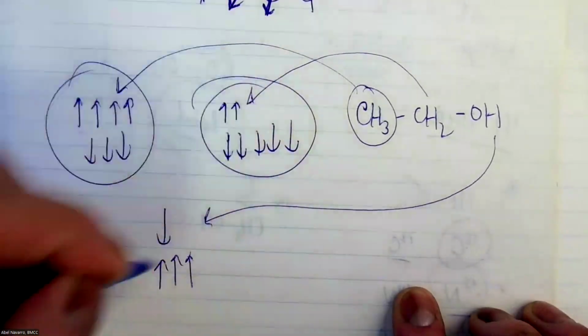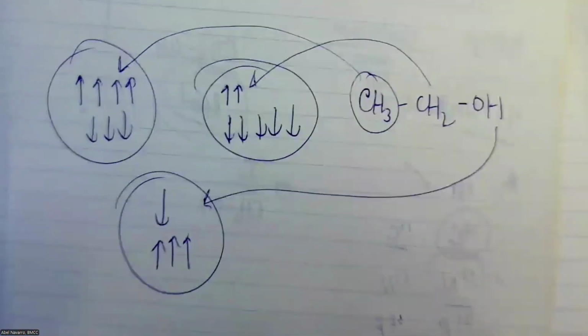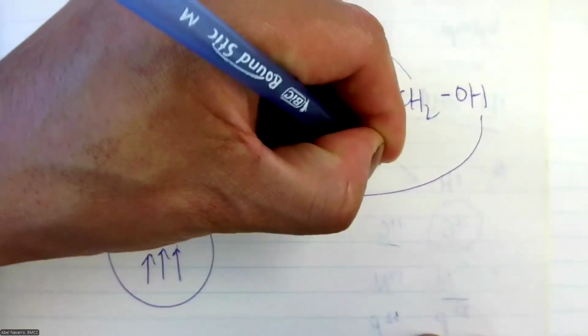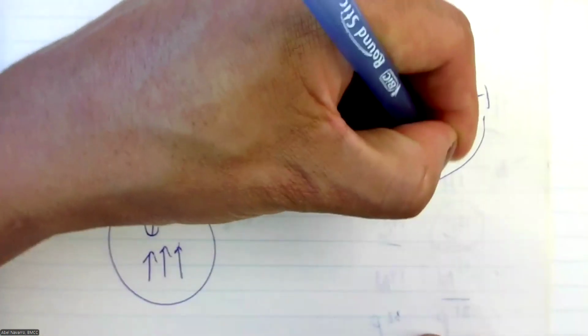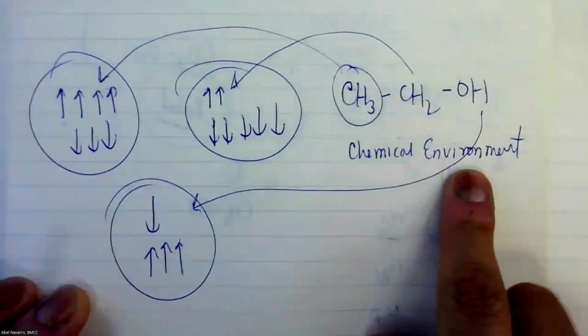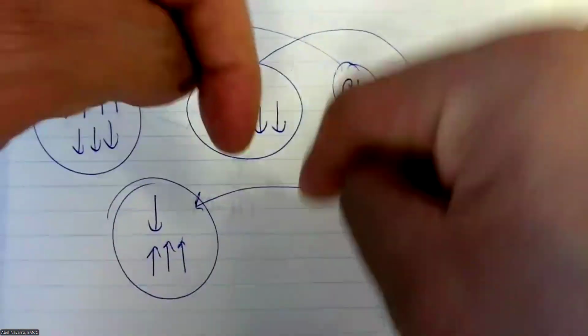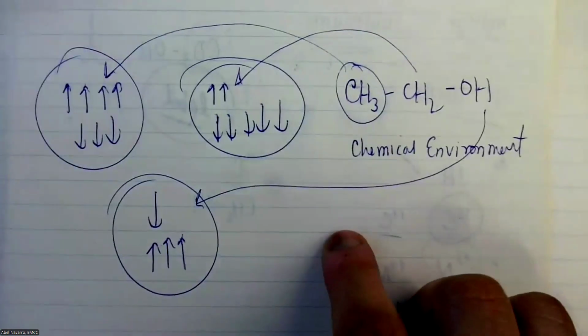What decides this? The type of hydrogen. What we call the chemical environment of the hydrogen will dictate how many spins are in favor and how many are against the external magnetic field.